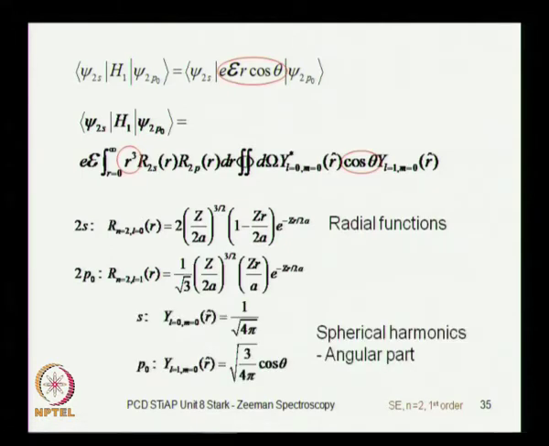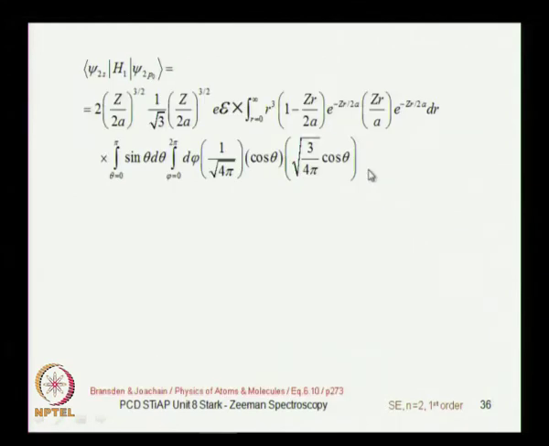So you put in those values, all you have to do is to put in these spherical harmonics to get this integration over theta. So this is the integration that you get. From the radial integral you get this term after you put in the explicit form of the radial wave functions for the hydrogen atom, and then from the spherical harmonics you have these terms.